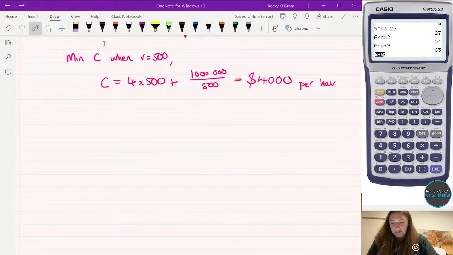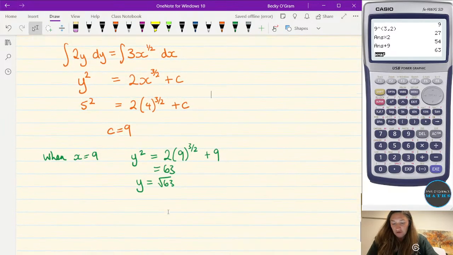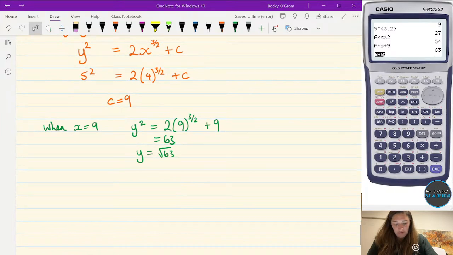Here comes the differentiation one. Let's pop that just there. And finally, the integration one. Let me grab that one. Here we go.